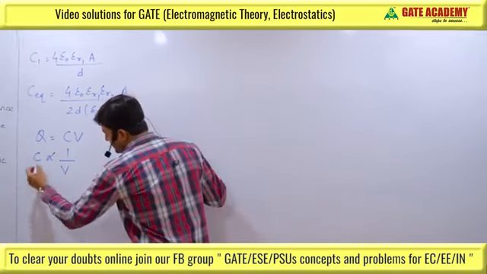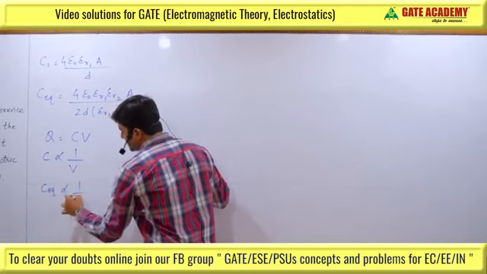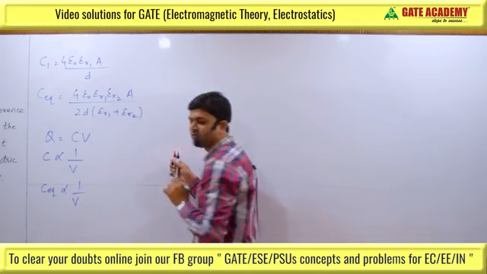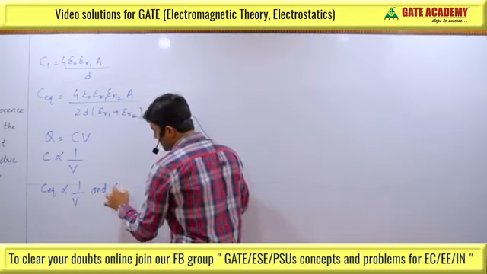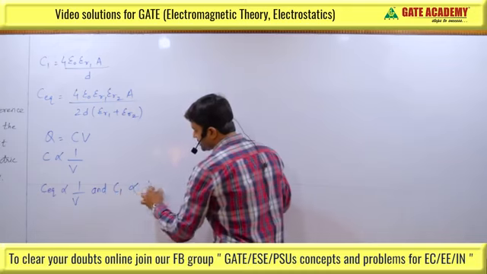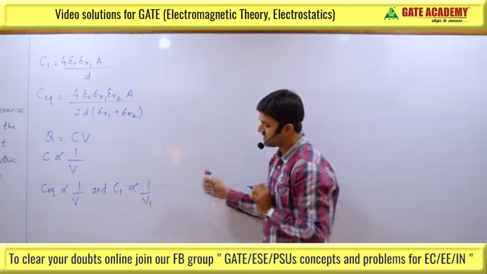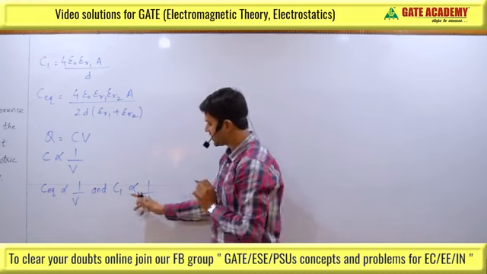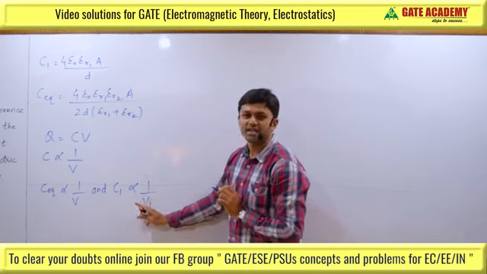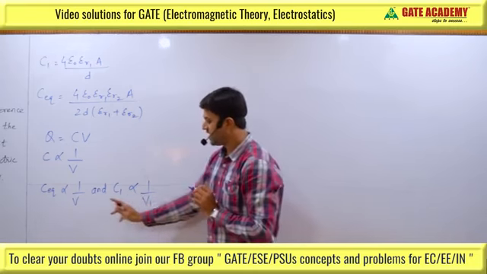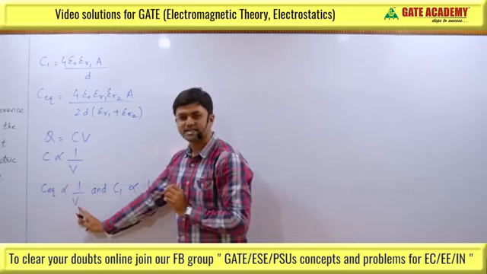It means that C equivalent is inversely proportional to the total voltage applied across it, and C1 is inversely proportional to the voltage applied across C1. And it is given that the voltage applied across one of the surfaces and the plate is 2 volt, and the total voltage applied across the capacitance is 10 volt.